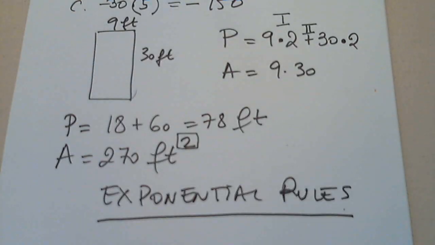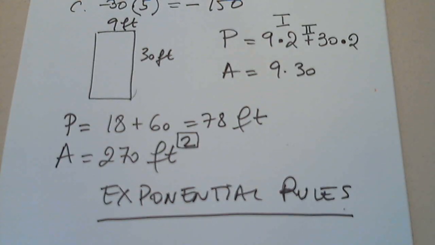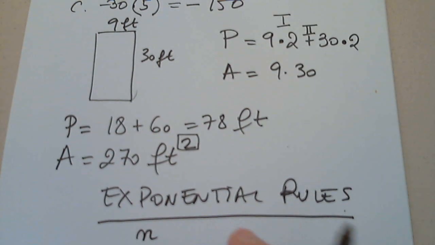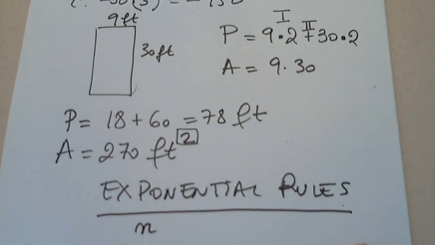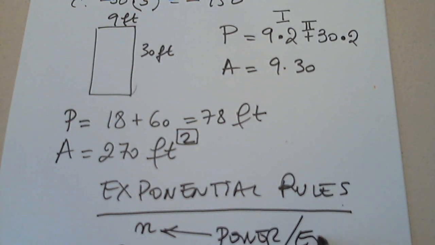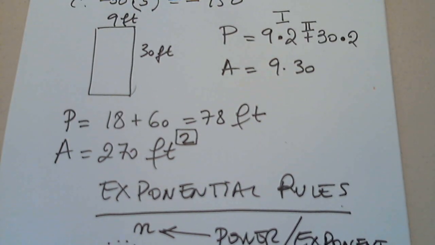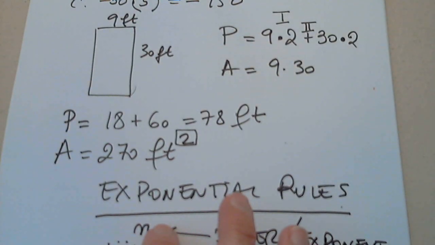So this is what we call exponential notation. Okay, a raised to the nth power, also called the exponent. And this is called the base. So the base appears n times.